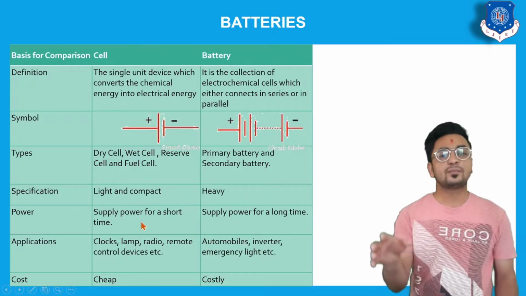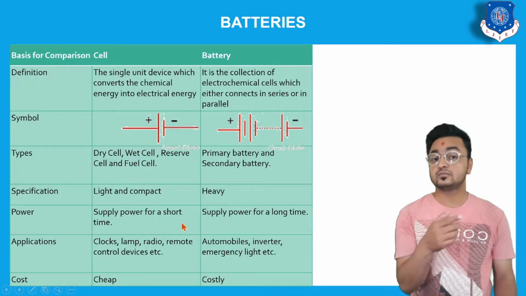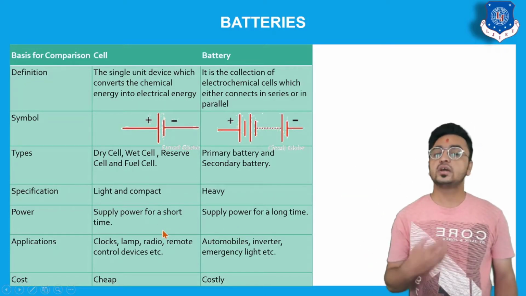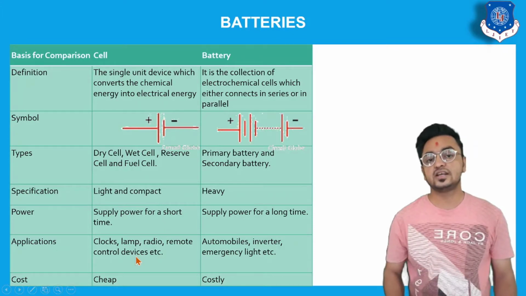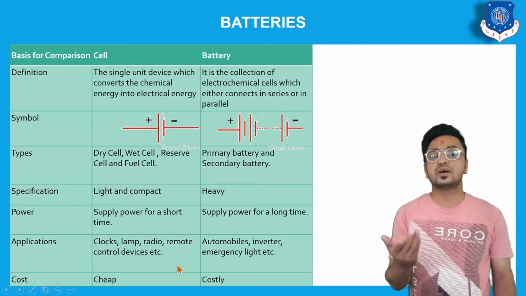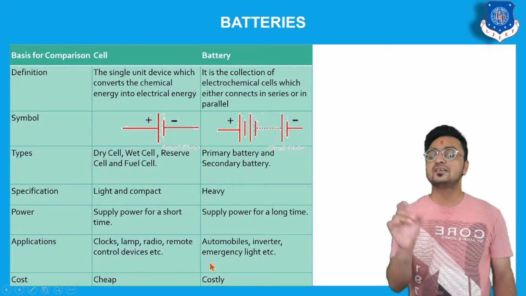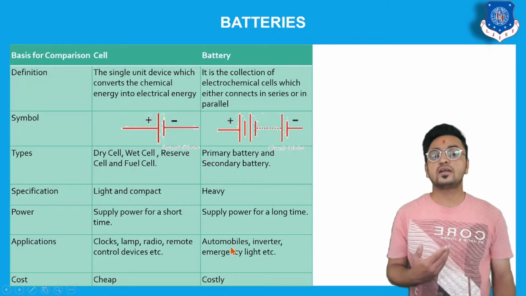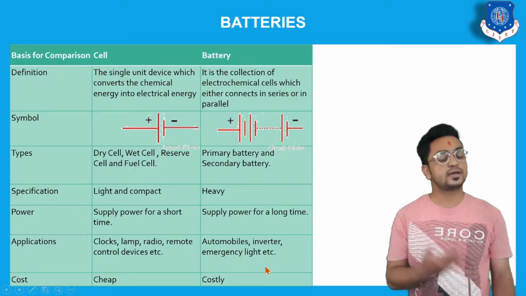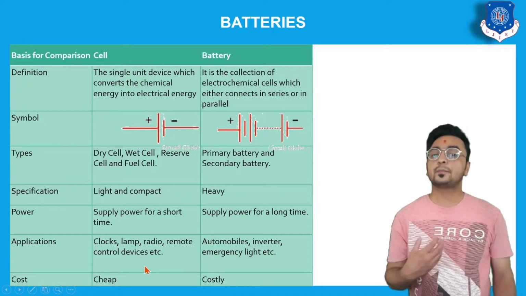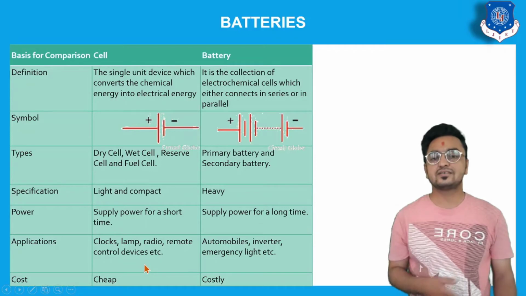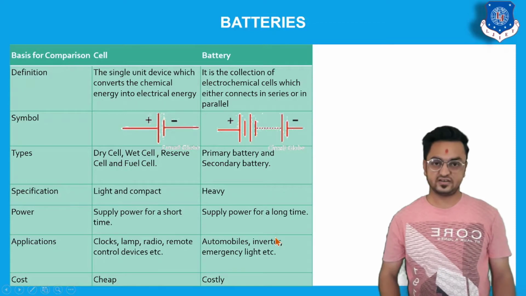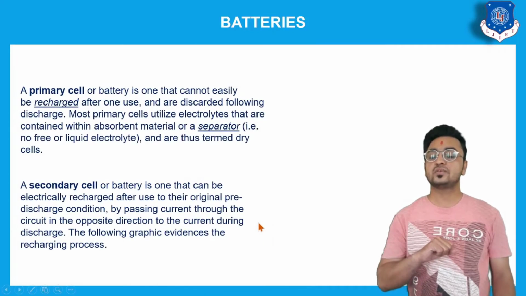A cell supplies power for a short time period while a battery can supply power for a long time period compared to a cell. Applications of a cell are clock, lamp, radio, remote control, and various small devices, while batteries are used in automobiles, inverters, emergency lights, and many more. If we compare the cost, a cell is going to be very cheap compared to a battery. So this was a comparison between cell and battery.